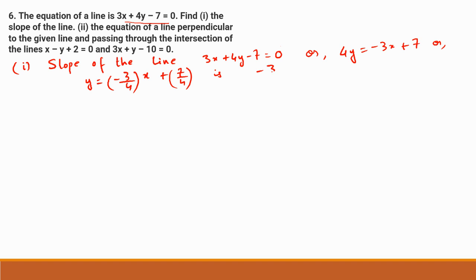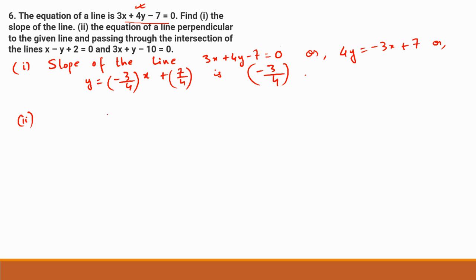The slope is minus 3 by 4. This is the first answer to the first question, right? Slope of the equation of the line 3x plus 4y minus 7. Now let's come to the next problem. Equation of the line perpendicular to the given line. Alright, this is a given line. So perpendicular to the given line and passing through the intersection of the lines x minus y.